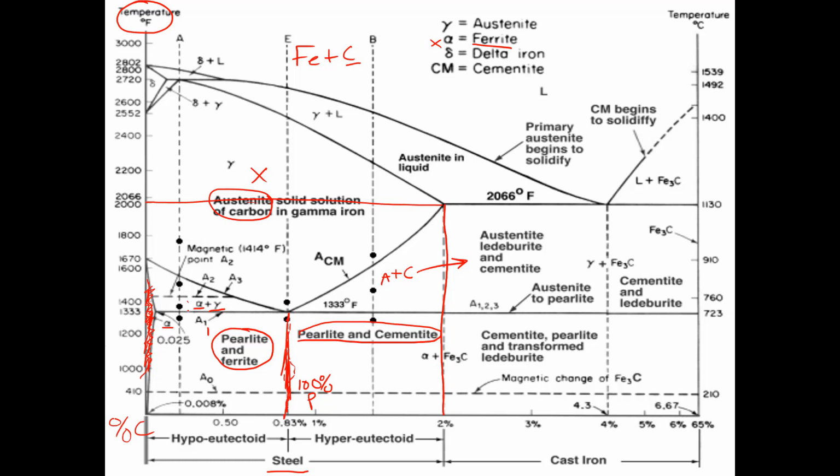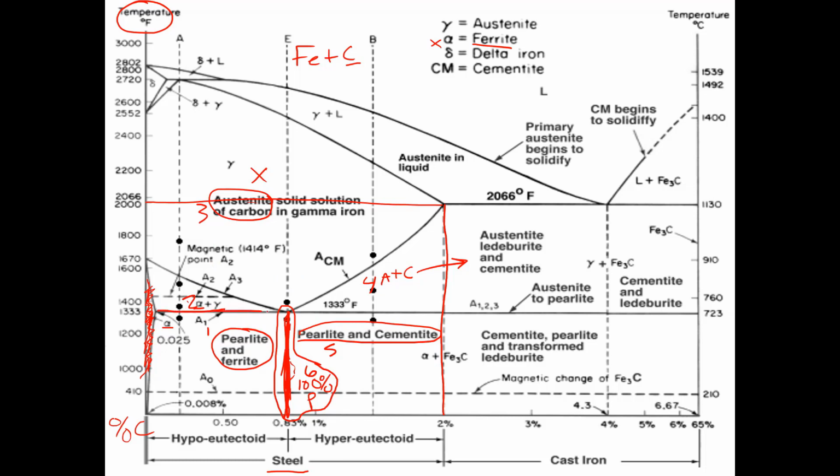So we have 1, 2, 3, 4, 5, 6 zones. That's this zone right here. There's number 6. It's right on that line. I know a line does not have any area, but that line right there, theoretically, if we landed right on that line, we'd be at 100% perlite. So that's 6 zones. And that's really how we want to look at this iron carbon phase diagram.